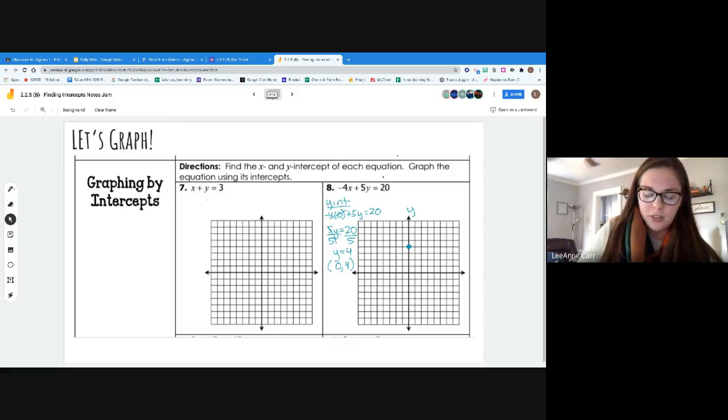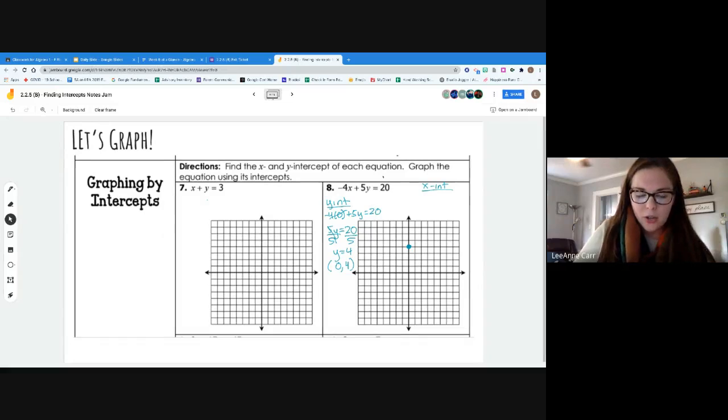Here we go. So now I want to solve for my x-intercept. That's the other one I need. And we know by our rule we're going to put a 0 in for y. So now I'm going to have -4x plus 5 times 0 equals 20. Like we talked about before, because we multiplied by 0, we can really just cross that off.